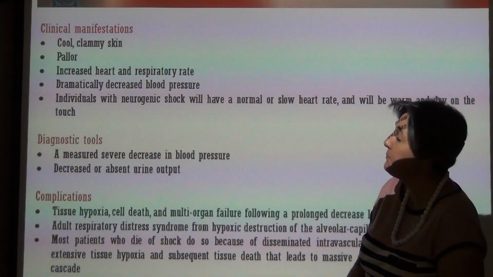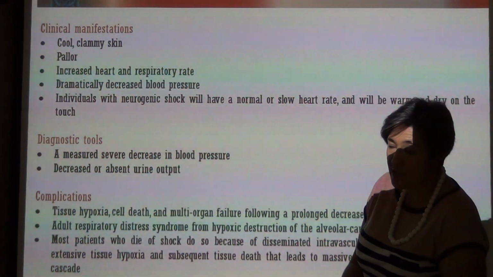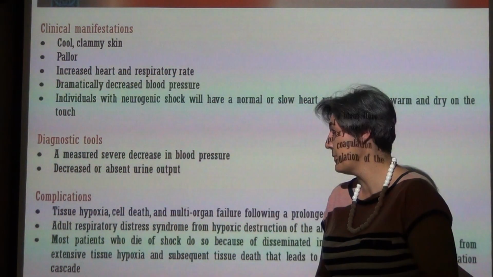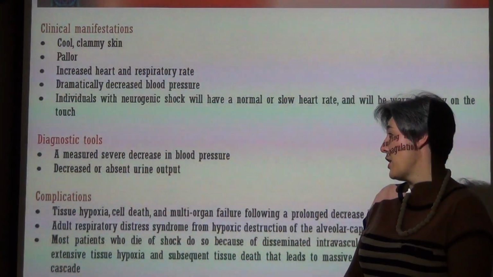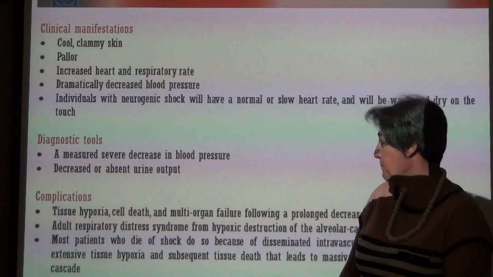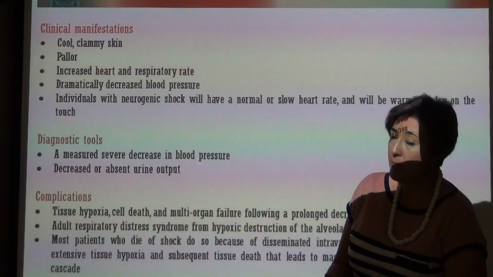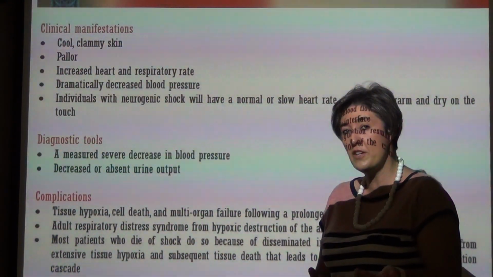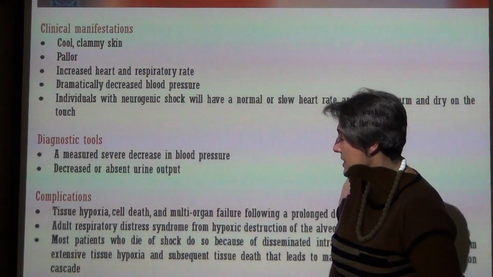Okay. The diagnostic tools, again: you're going to measure the patient's blood pressure and you will see the blood pressure is going to fall dramatically, and then the urine output is going to decrease dramatically. Okay, if we don't do anything about shock, remember what we said, that shock becomes irreversible, and as soon as it becomes irreversible, it will end up in death.